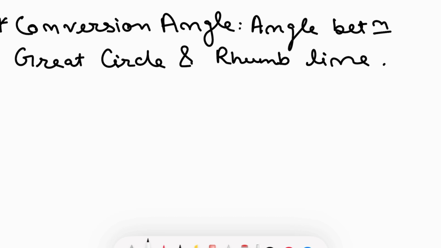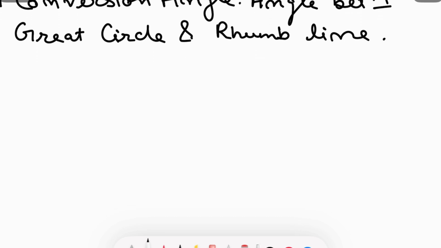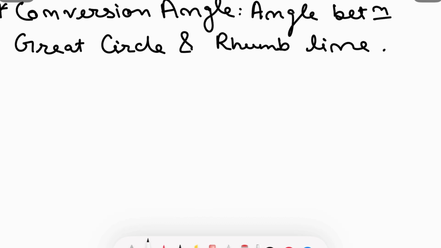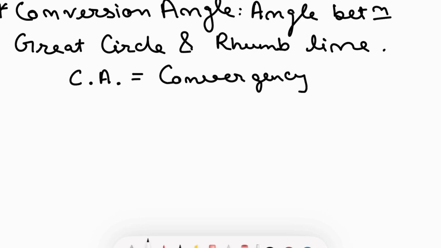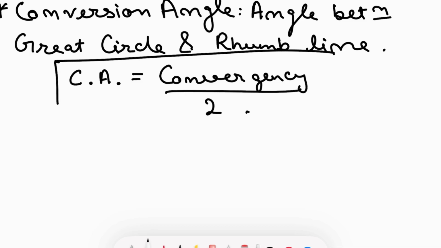Whenever this convergency of the earth is projected on a map, it becomes the conversion angle. And the conversion angle's formula is: conversion angle is equal to convergency by 2. So this is the second formula of our chapter.